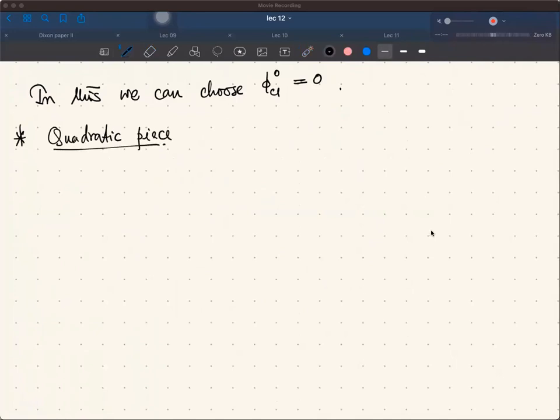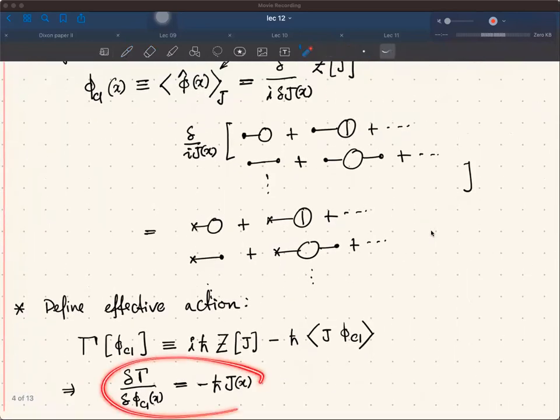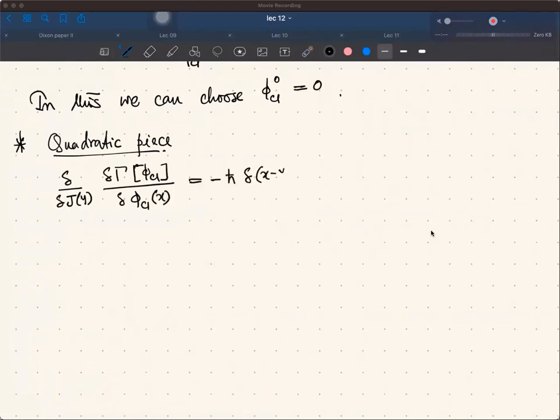From this result, if you take a J derivative on both sides, then on this side you have del gamma del phi del J, and on this side we have a delta function, so del gamma of phi CL over del phi CL of x is minus h bar delta of x minus y.